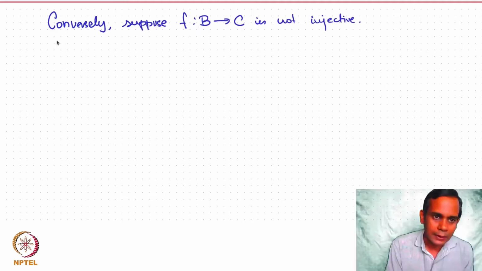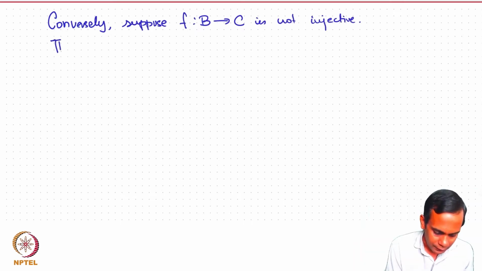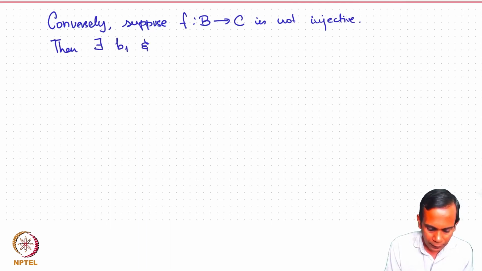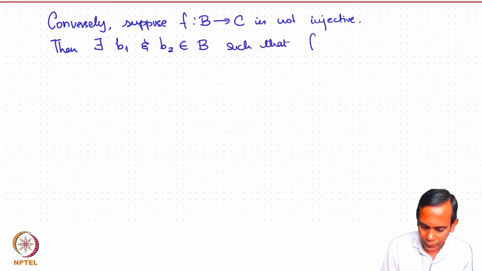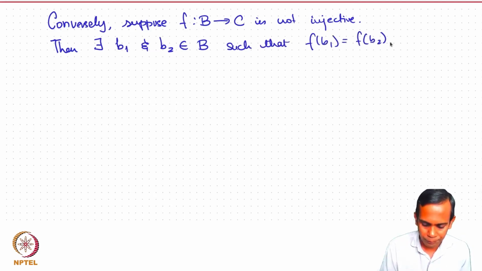So what does that mean? It means that you can find points B1 and B2 in B such that F of B1 is equal to F of B2.